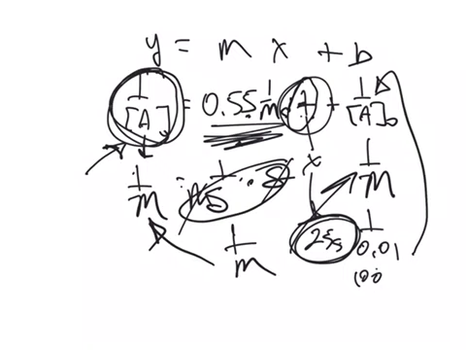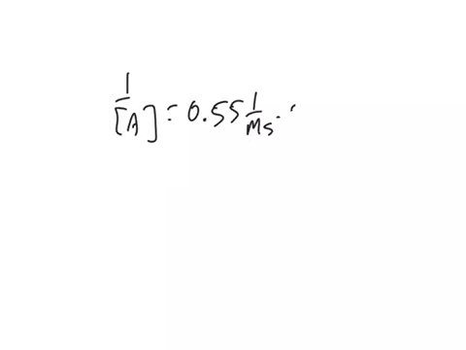So we're going to come in here and go back. 1 over A is going to equal 0.55, 1 over molarity seconds, and we said we're going to pick a time of 25 seconds, plus 100.